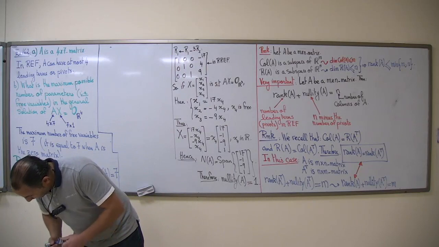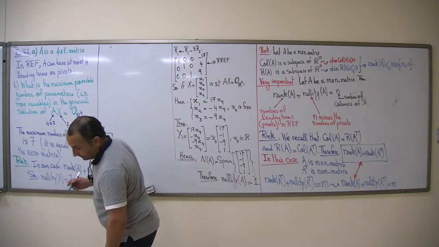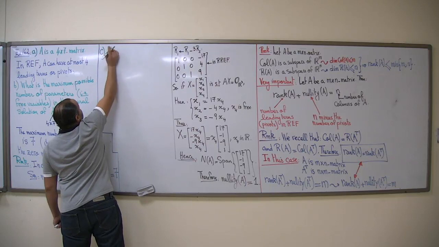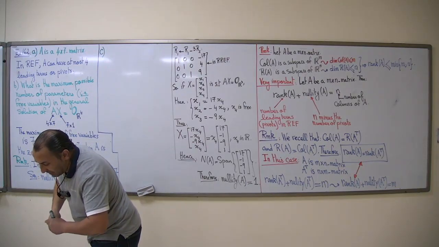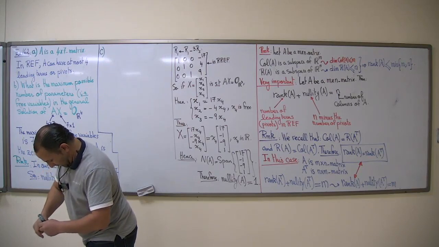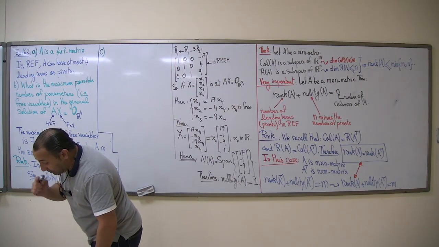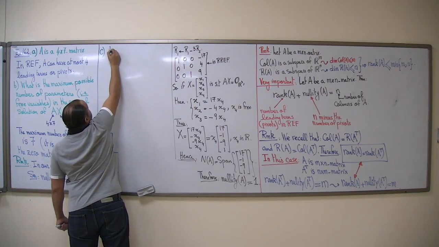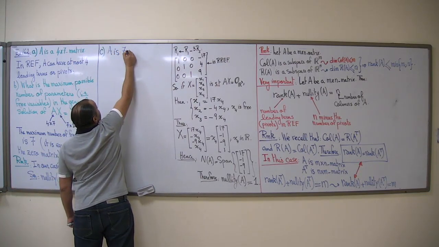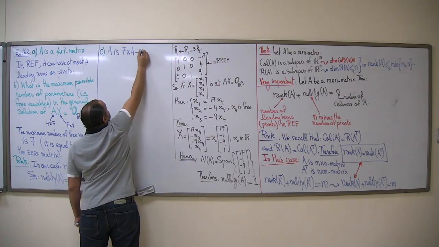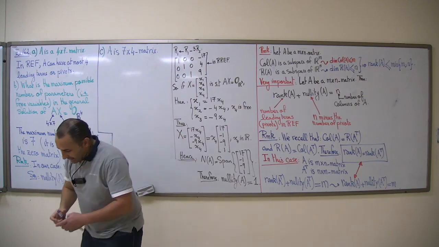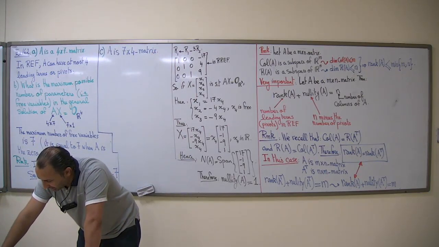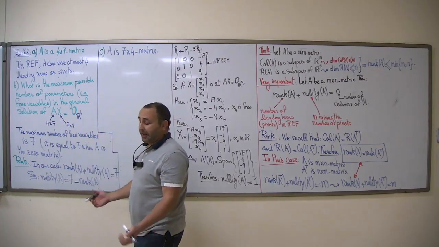Question number C. Now he's changing the size of the matrix A, and he's telling you that the matrix A is a 7 by 4 matrix. And the question is, what is the maximum possible number of leading terms in the row echelon form of A?